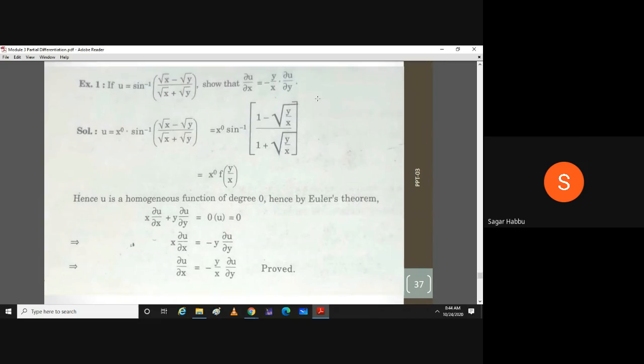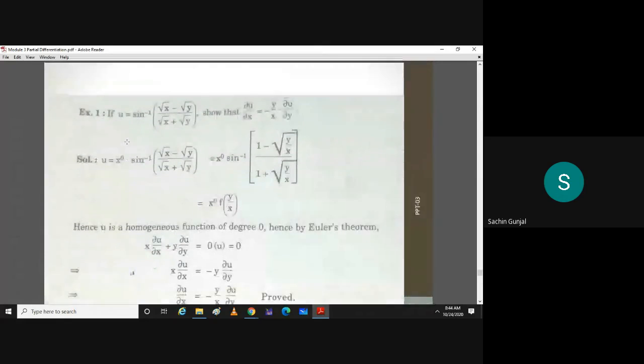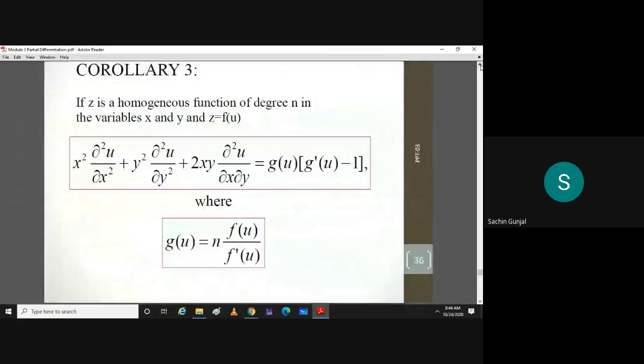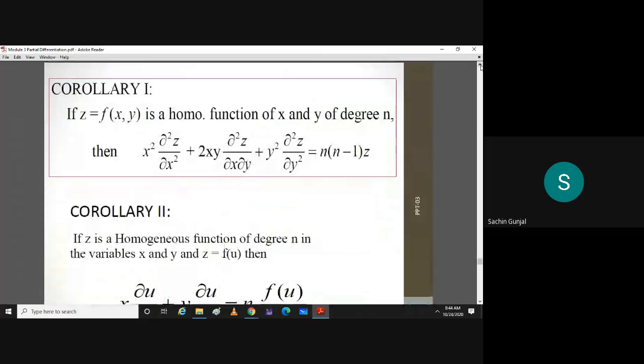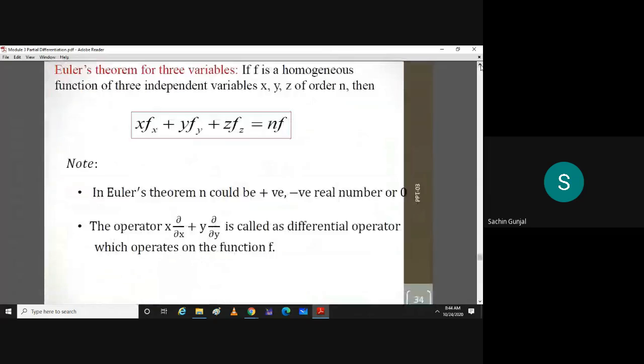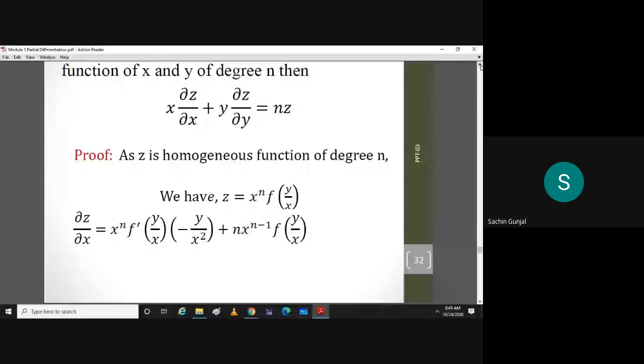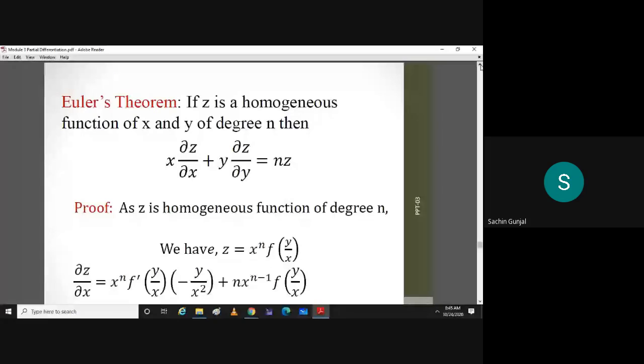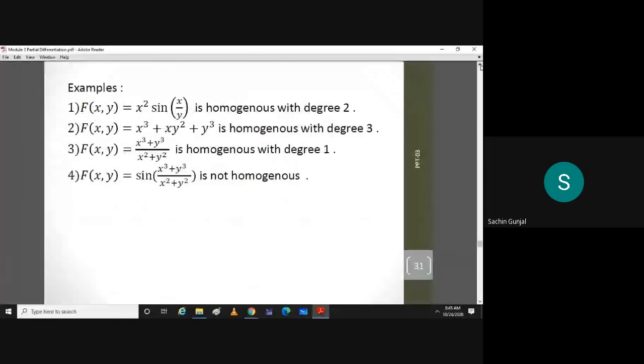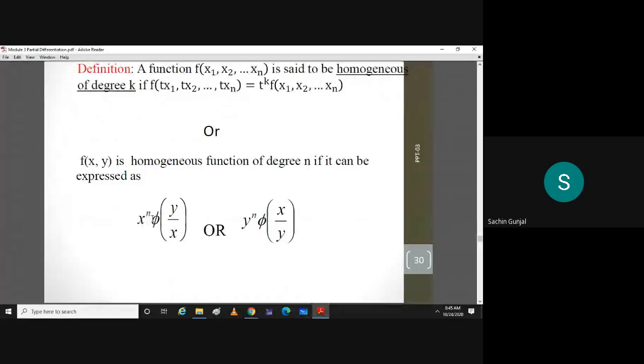Sir, why have we considered x raised to 0 there? There are two definitions of homogeneous functions. They have applied the second definition. Let me show it. Here, x raised to n phi of y by x.